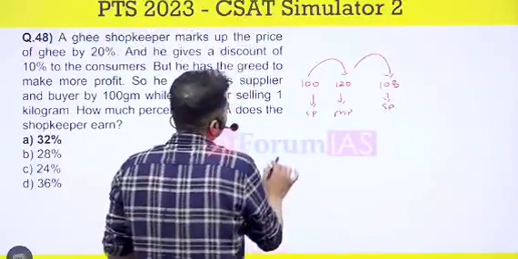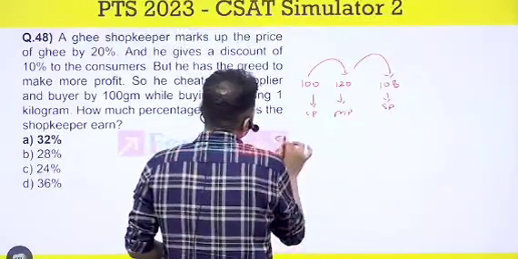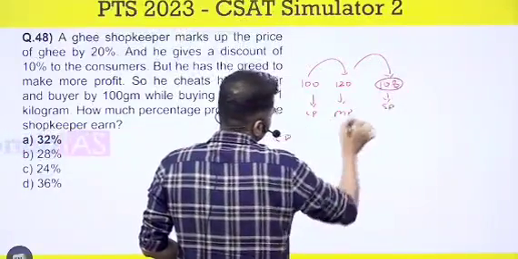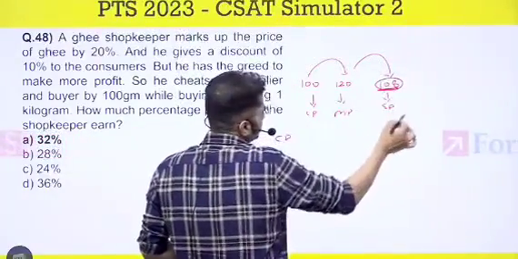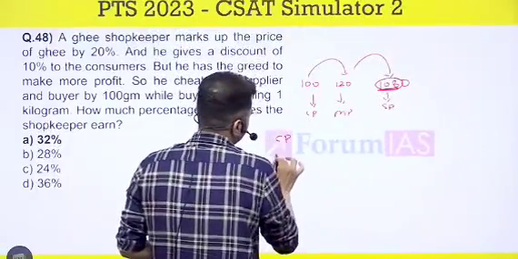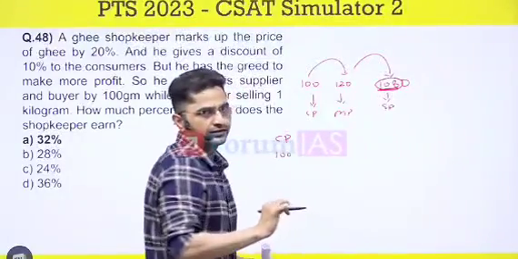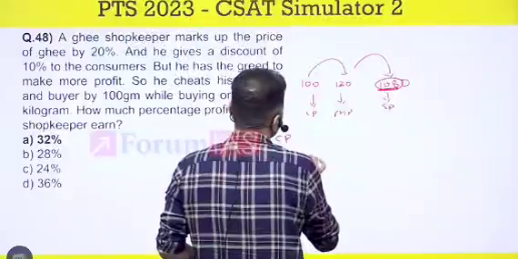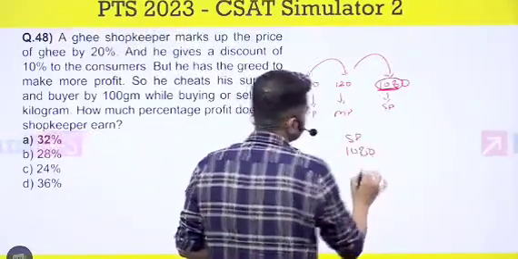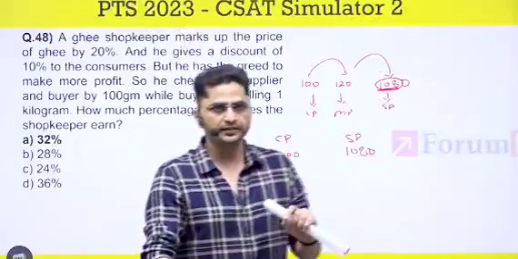So that means, observe, we know that for 100 his price is 108, so for 1000 gram it will become 1080. Okay, so if his cost price is 1000, then his selling price is 1080. I hope till here we are clear.